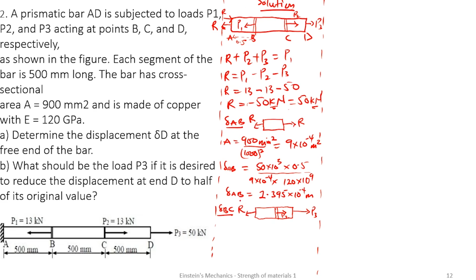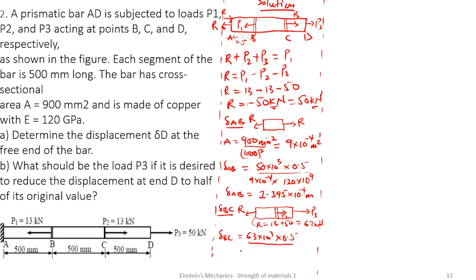And I know that R will be equal to P2 plus P3, and P2 is 13. R will be 13 plus 50, and I'm getting 63 kilonewtons. So my R in BC is 63 kilonewton. Therefore, my elongation in BC is going to be 63 kilo, multiplying the length, which is also 0.5.